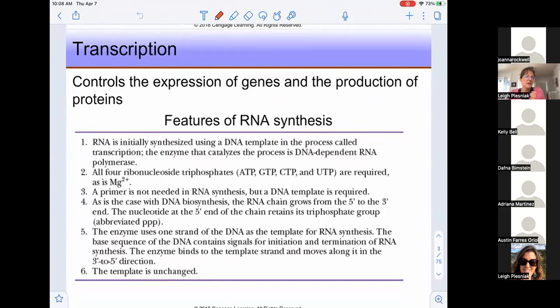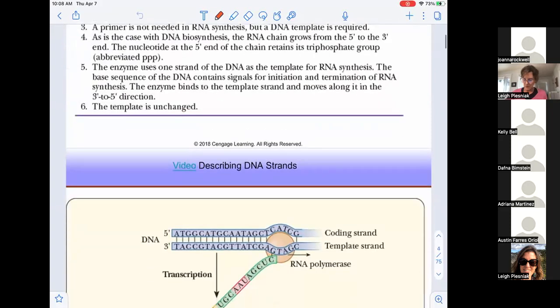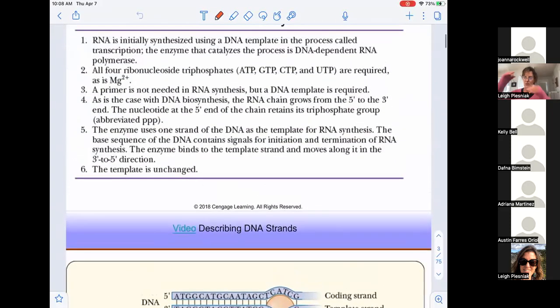We have the same DNA in all the different cells, but the cells look different. That's because different parts of the genome are expressed in each cell, and that process is transcription. Transcription is when the DNA is expressed and messenger RNA is made, and that goes on to create proteins in translation.